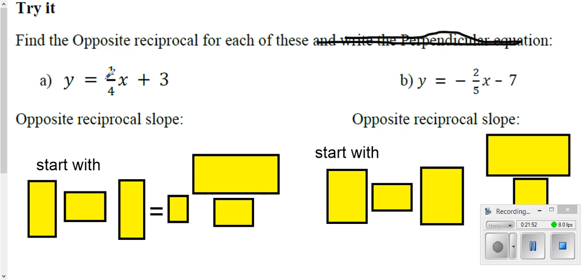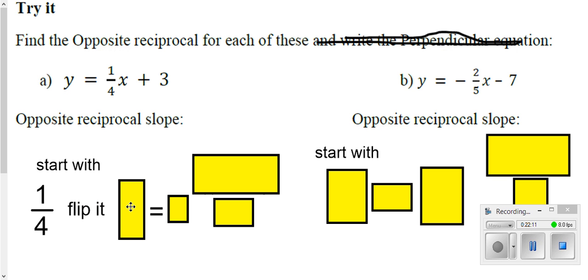All right, so we start off with y equals 1/4 x plus 3. We want the opposite reciprocal slope of this one. This one has a slope of 1/4. So we'll start with the 1/4. The first step, since we've got a two-step problem here, is to flip it. So it becomes 4/1, and 4/1 really just equals the number 4.